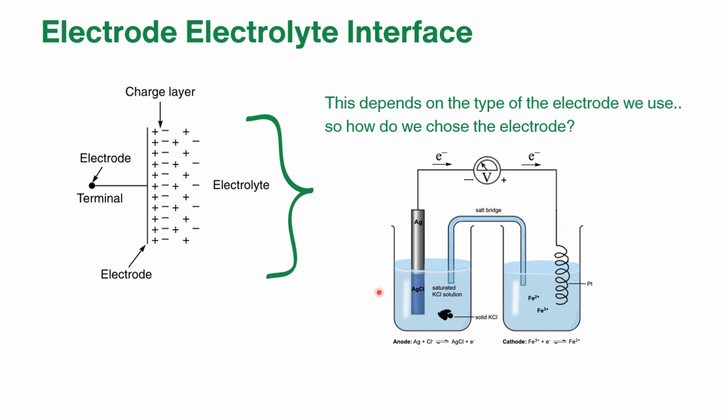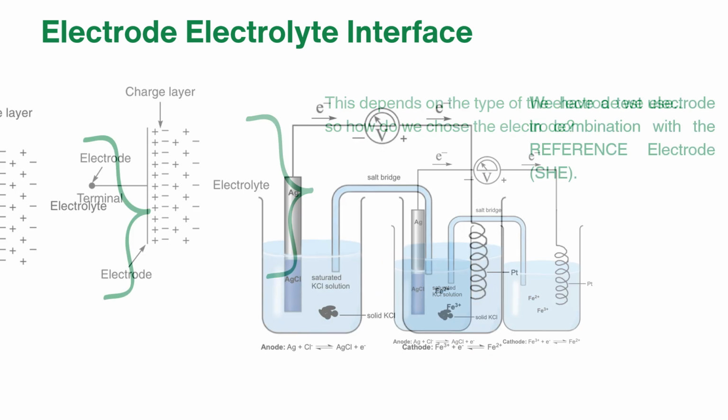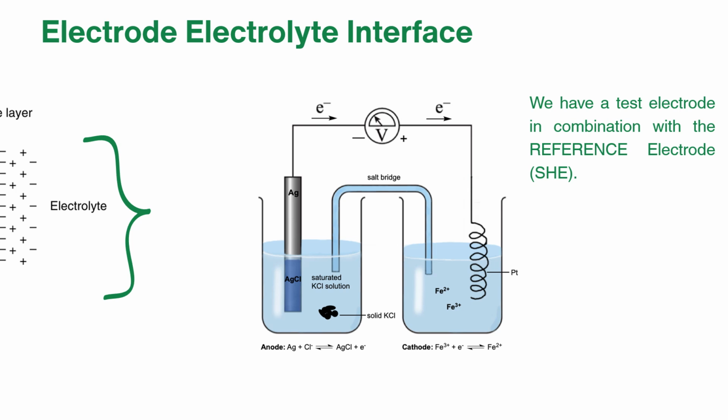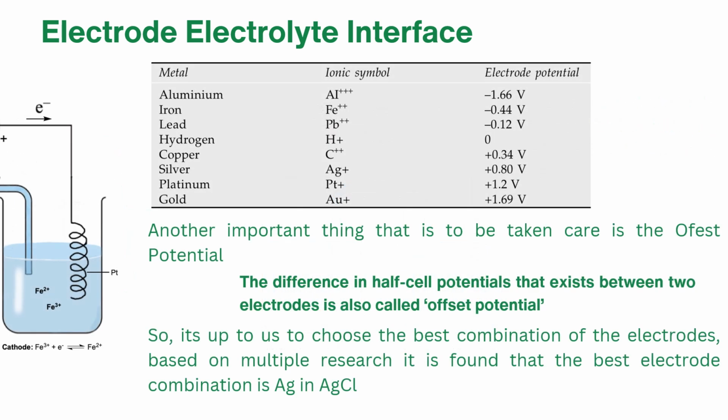You would have heard of something called the reference electrode, the standard hydrogen electrode. This is one of the most commonly used electrodes, because the potential of the standard hydrogen electrode is zero. That way we can easily calculate the difference. We usually find the difference, right? So the difference can be easily calculated if we consider a standard hydrogen electrode.